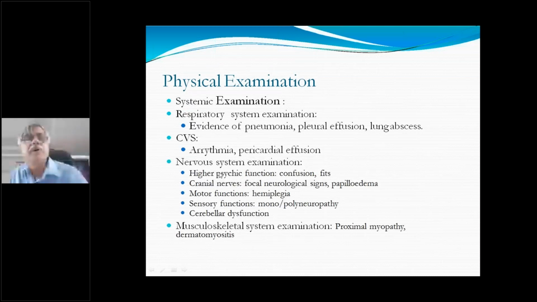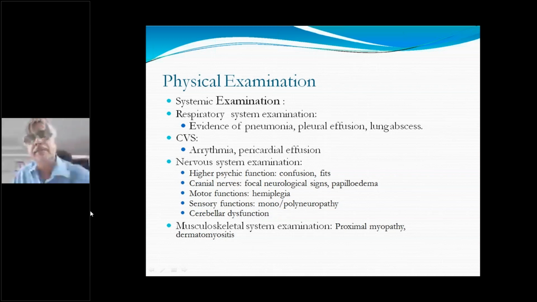Evidence of pneumonia. In the nervous system, higher psychic function, confusion and fits may be there because of the metastasis. The patient may develop fits. Cranial nerves sometimes may be involved. Hemiplegia may also occur. Polyneuropathy and mononeuropathy are very common.